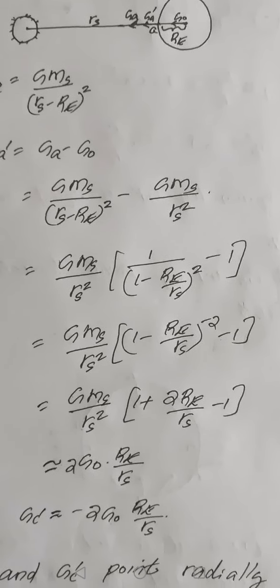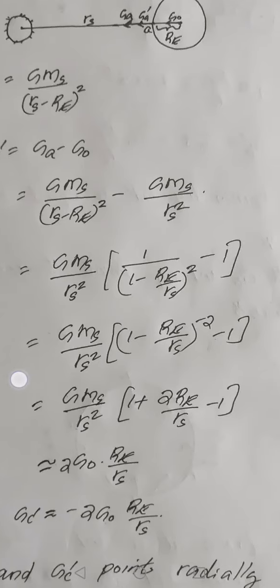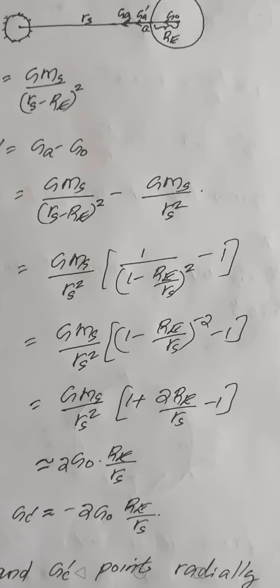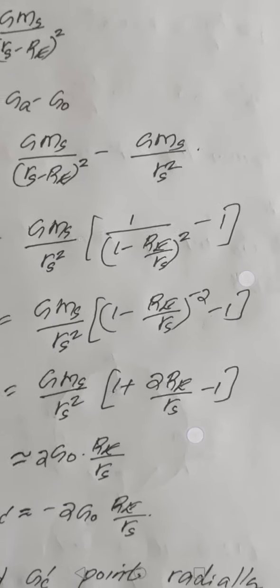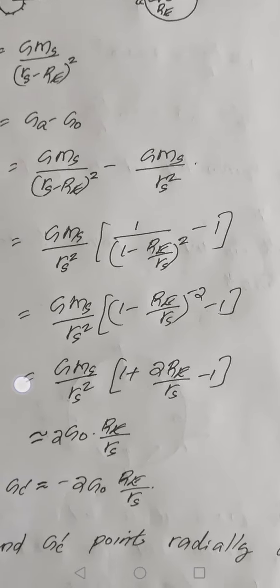So GMS by RS square I have taken outside, 1 minus RE by RS all raised to minus 2, minus 1. So 1 minus x all raised to minus 2 is 1 plus 2x plus higher terms. I am taking only the linear term. So GMS by RS square into 1 plus 2 RE by RS minus 1, the 1 cancels. So this is approximately equal to 2G0 RE by RS, where I used the binomial approximation for the linear terms. I avoided the higher order terms like the squares.